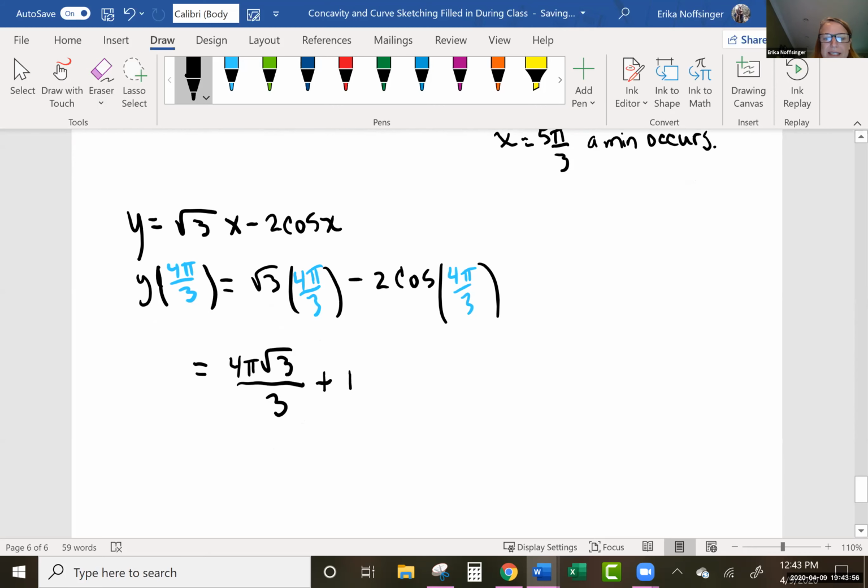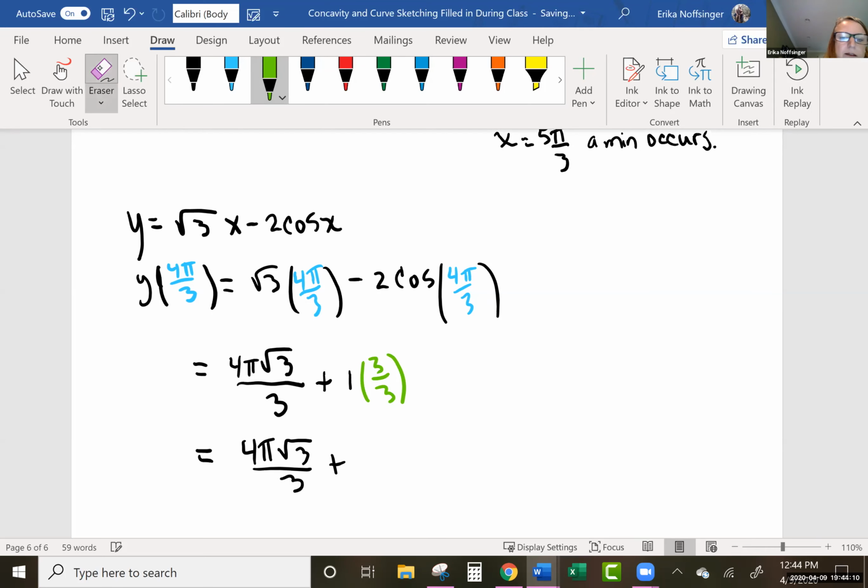If they ask for the exact value, well, that's 4 pi √3 all over 3 plus, I need a common denominator. So let's just add this all in and make it a fraction. So 4 pi √3 plus 3 all over 3. To me, graphically, that doesn't mean anything without plugging that into the calculator.